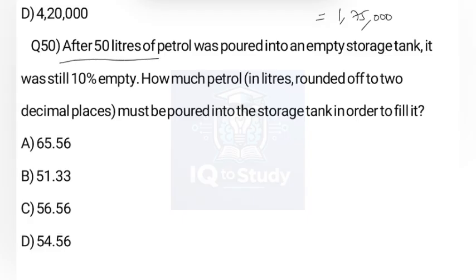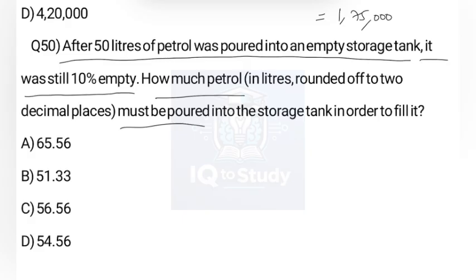After 50 liters of petrol was poured into an empty storage tank, it was still 10% empty. How much petrol must be poured into the storage tank in order to fill it? Even after pouring 50 liters, it is 10% empty. So 90% is equal to 50 liters.